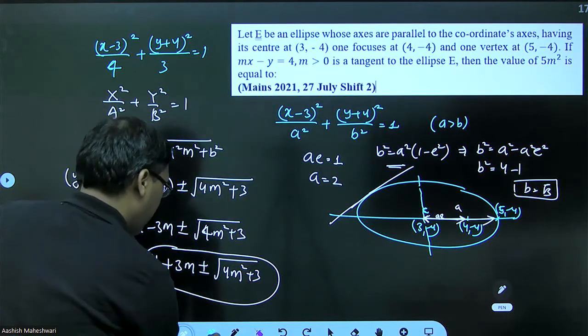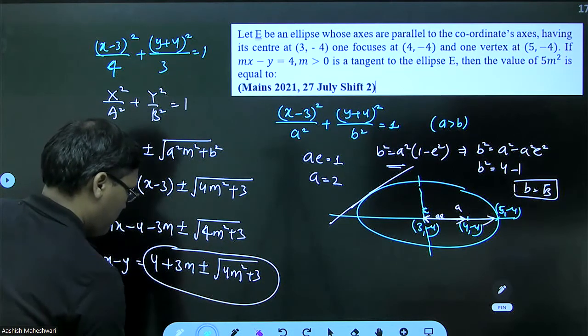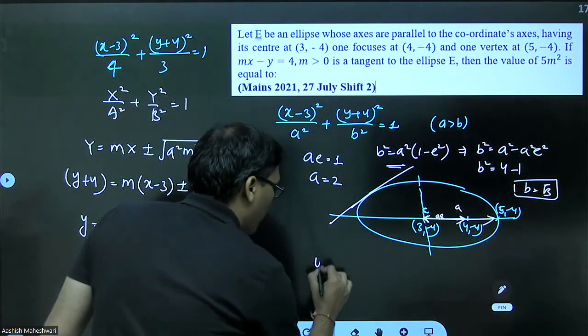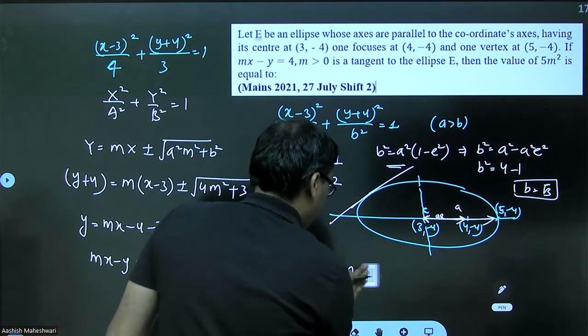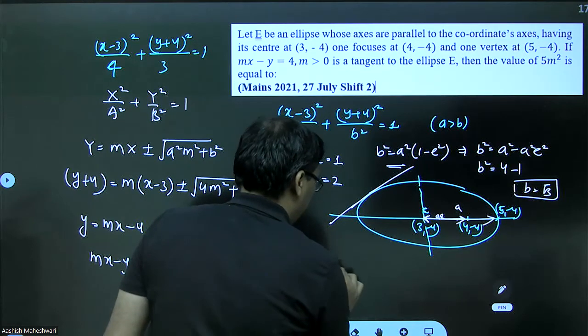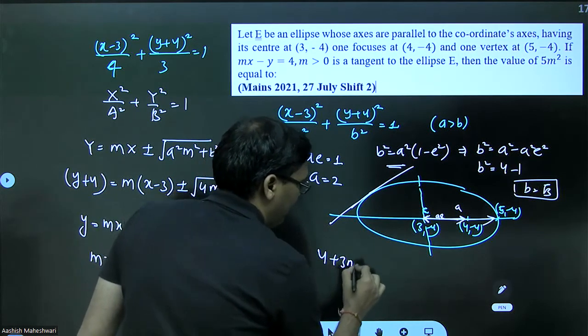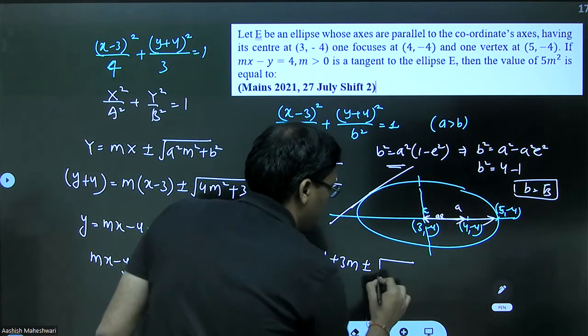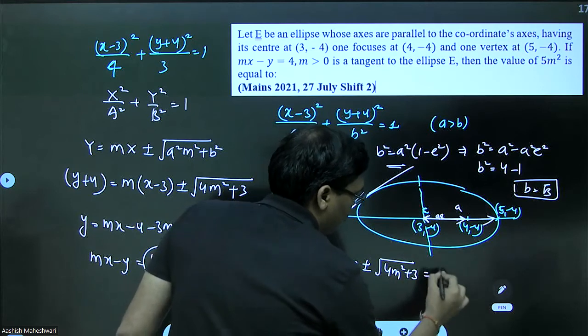So now you see, if I just equate this, I don't have the place. So 4 plus 3m plus minus this is 4m square plus 3. This should be equal to 4.